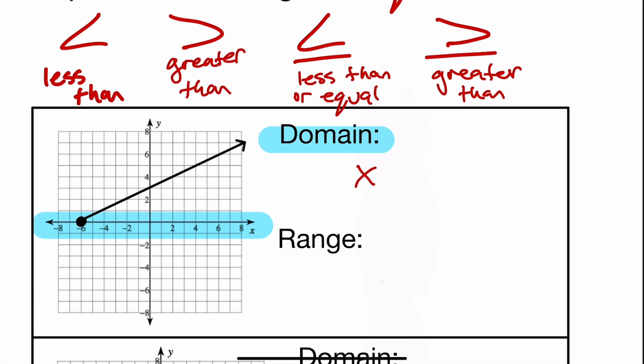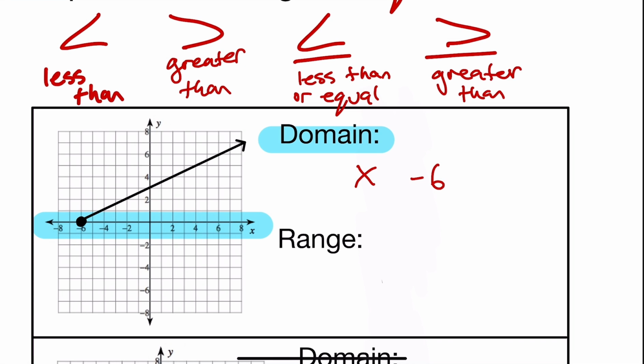So I know that our domain is going to start at -6. Now, since we're looking at our X-axis, we're going to see how far this goes from the left to the right. Now, since we have an arrow over here, that's going to tell me that this goes on forever in that direction. So since this is getting bigger, it's getting greater.